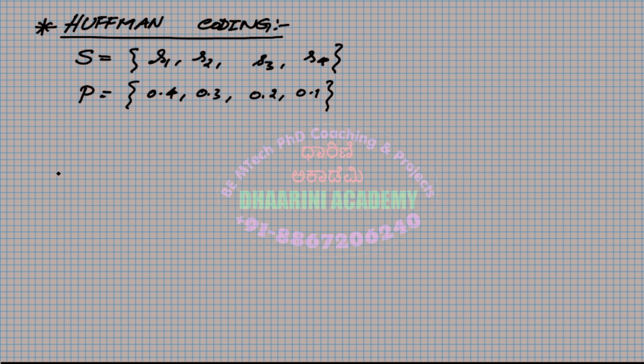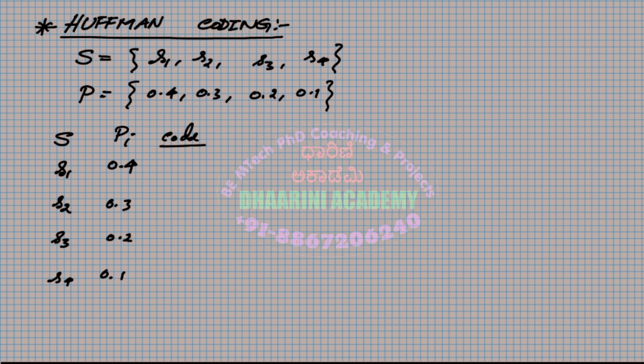I can write it as capital S, and write whatever symbols are given, S1, S2, S3, S4 in this case. Then we have the probabilities given, Pi, this is important: 0.4, 0.3, 0.2, and 0.1. We leave one column space free for the code.